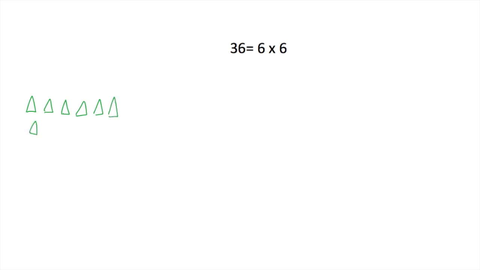We're doing 6 rows of 6 because we all know that 6 times 6 equals 36. 1, 2, 3, 4, 5, 6.